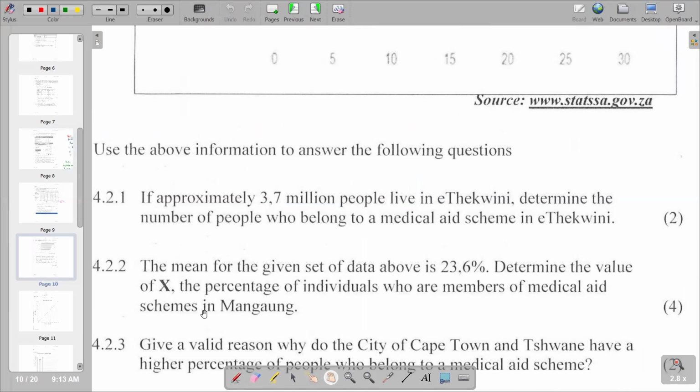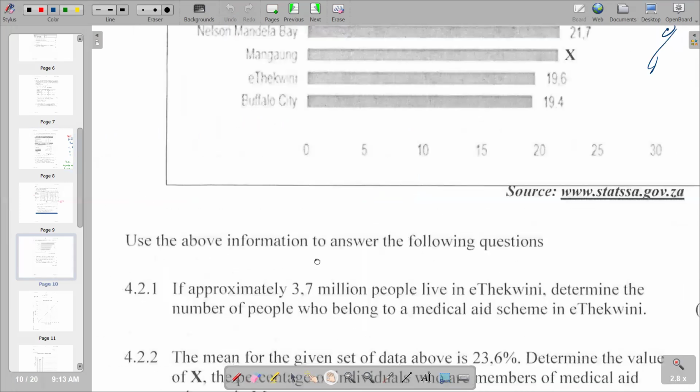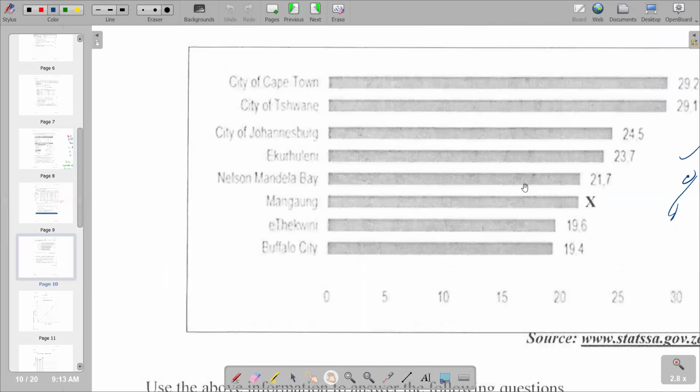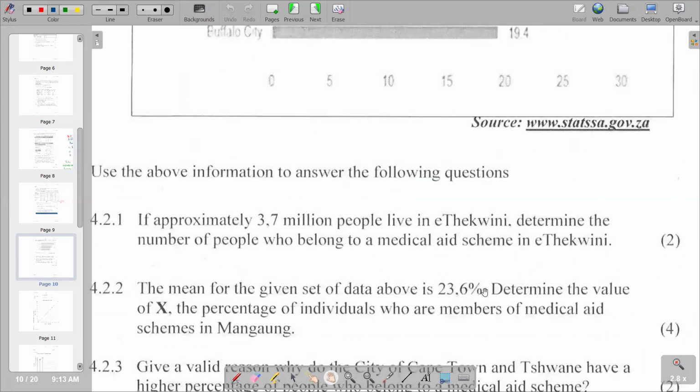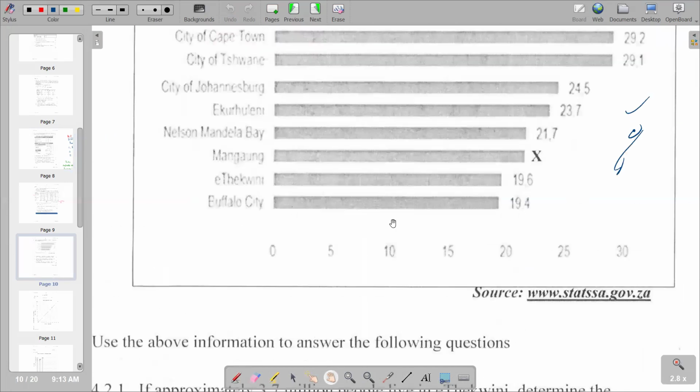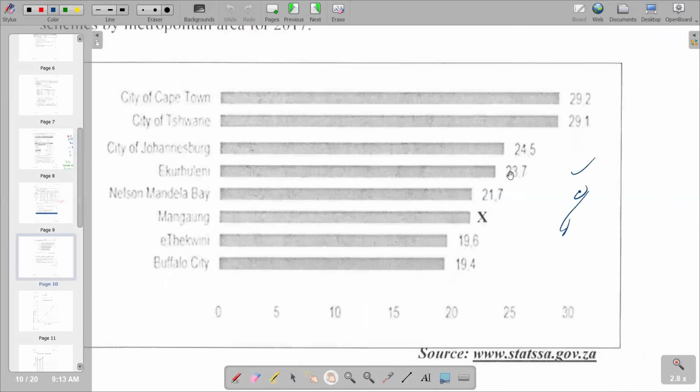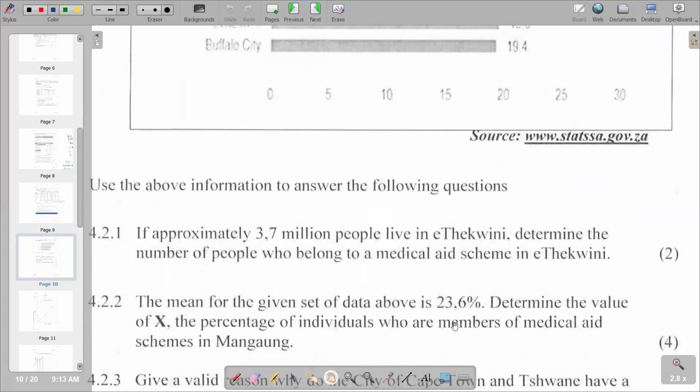Determine the value of X, the percentage of individuals who are members of medical aid scheme in Mangaung. So in Mangaung, we are given it as X. So we need to find it, but we are given the mean as 23.6. So it means if we add all the percentages that we have here on this side, and we divide by 1, 2, 3, 4, 5, 6, 7, 8, we divide by 8, you are going to get your answer as 23.6.